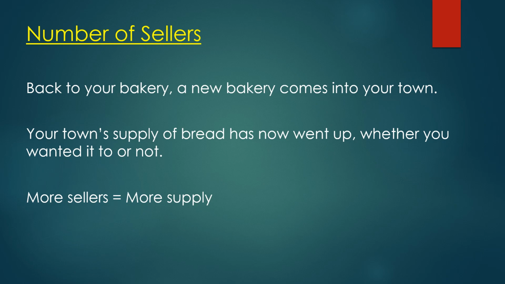So your town's supply of bread has now went up, whether you wanted it to or not. You're not going to make less bread because a new bakery's shown up. No, your supply is probably going to stay the same. However, this new bakery is going to have their own supply. Well, combined together with your bakery, there's an increase in supply in the local economy. More sellers, more supply.